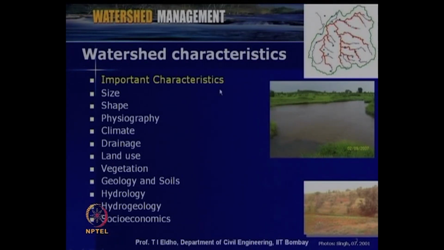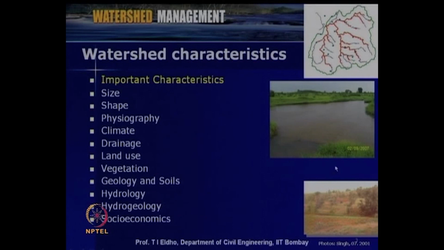Then land use. What kind of land use is there within the watershed, whether it is forested or agriculture or scrub land, like that. Then vegetation. What kind of vegetation, whether it is grassland or small trees. Then geology and soils.